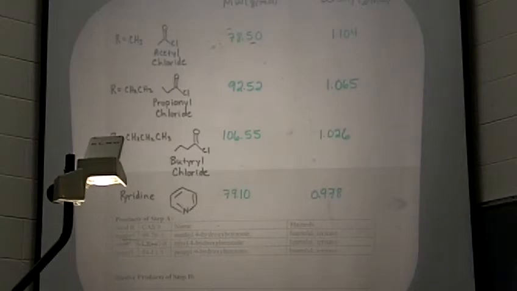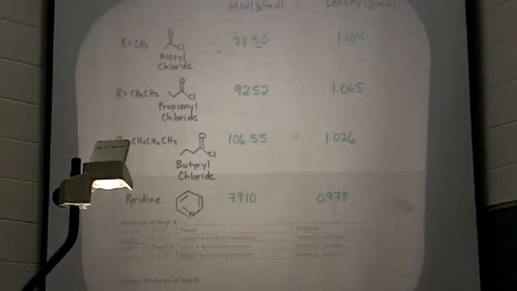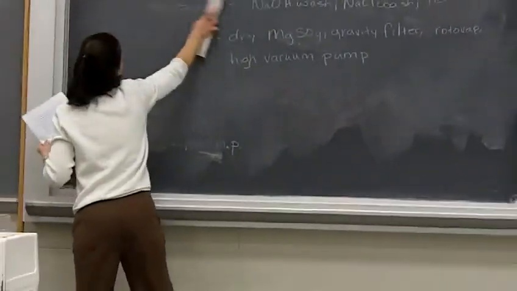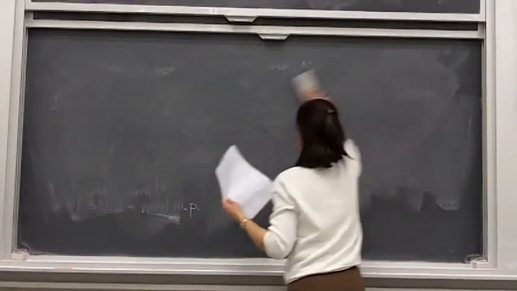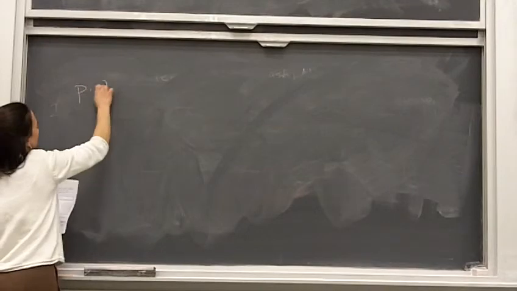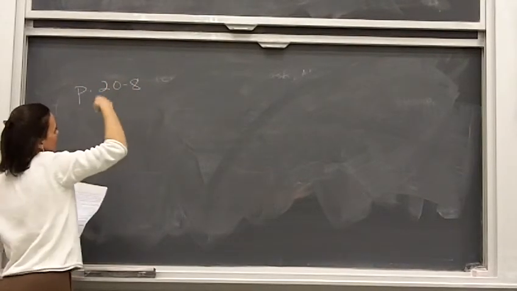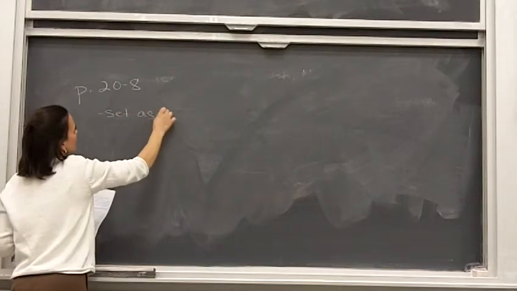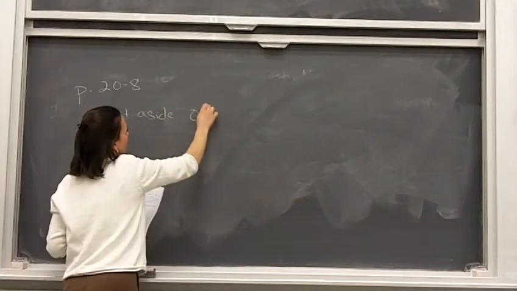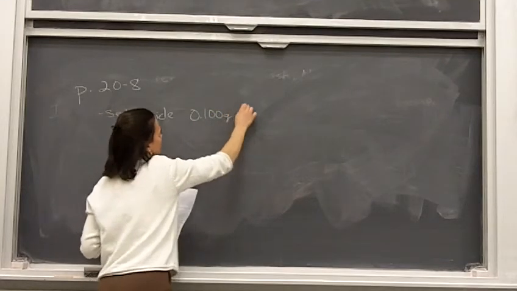And a couple of other things to keep in mind, page 20-8 of your lab manual. I didn't reprint a copy of that because you basically need to follow its instructions, okay? So page 20-8, basically it's telling you to set aside 0.1 grams of your part B product.